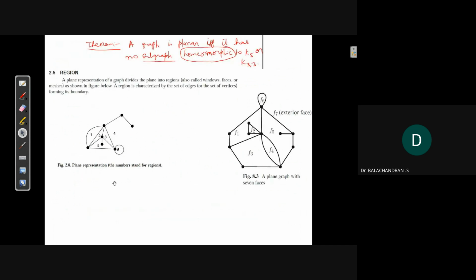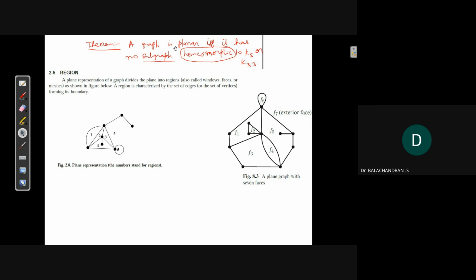Okay. Next concept, region. Before this, one more result. A graph is planar if and only if it has no subgraph homeomorphic to K5 or K33. Just so you don't get confused with the word homeomorphic, because this word may be new to you, it is better to remember it like this.